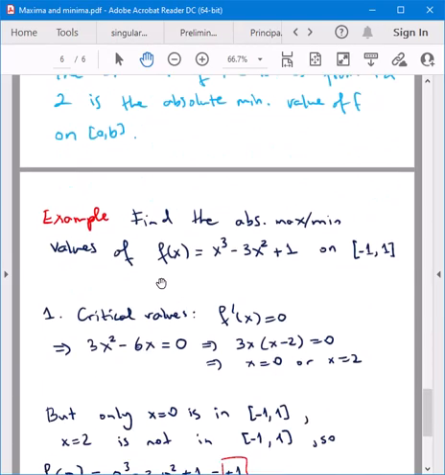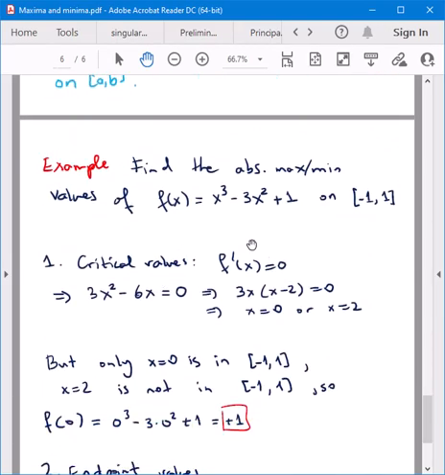For instance, take this example. Let's say we have the function x cubed minus 3x squared plus 1, and let's say our interval is minus 1 to plus 1. Now first find the derivative. The first derivative gives us 3x squared minus 6x equals 0. First factor 3x, it's going to be 3x times (x minus 2) equals 0.